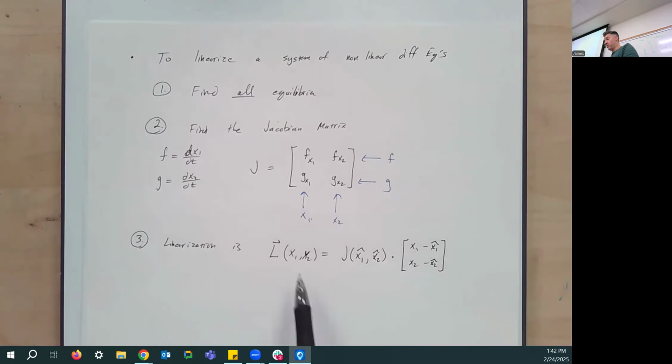Again, x1 and x2 are variables. x1 hat and x2 hat are the values of the equilibrium.